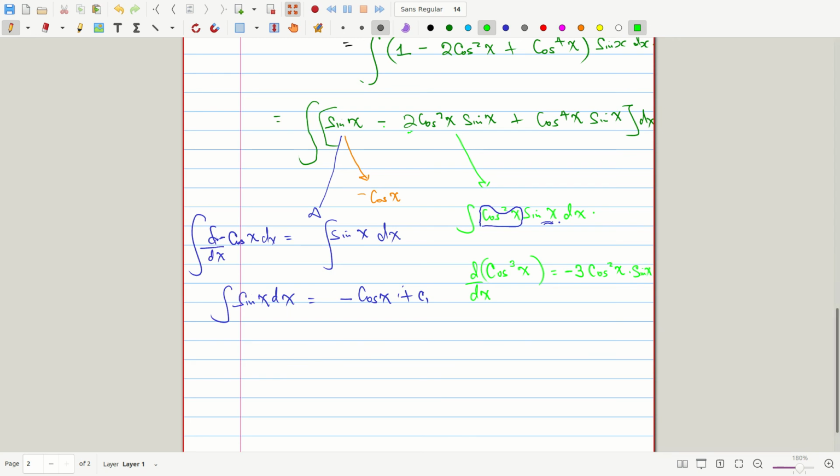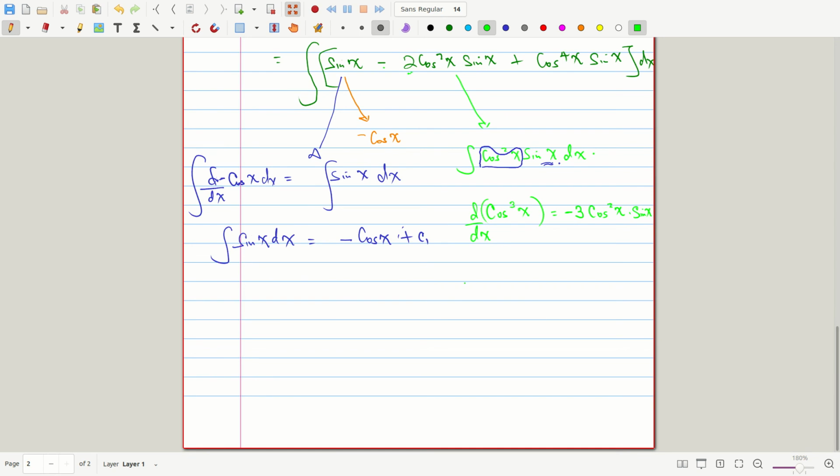I hope I haven't made a mistake here. So what is our interest here? We can say that d/dx of negative 1/3 cos cubed x should be equal to cos squared x sine x.